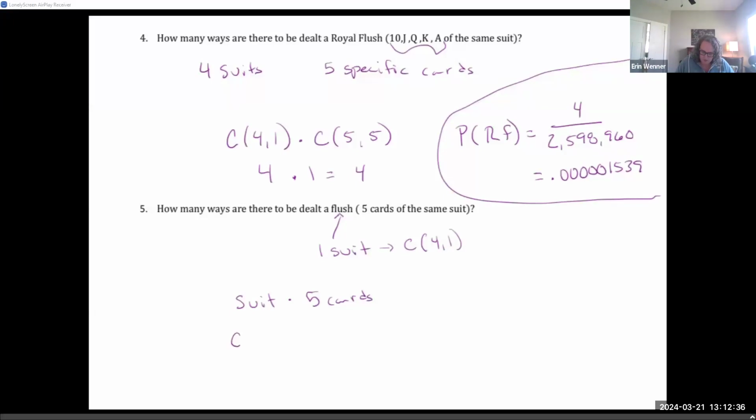So we're going to have the combination of 4 suits times the combination of 13 cards, taking 5 of them, because there are 13 cards in each suit. So I want you to calculate that and send me your answer in a direct message.